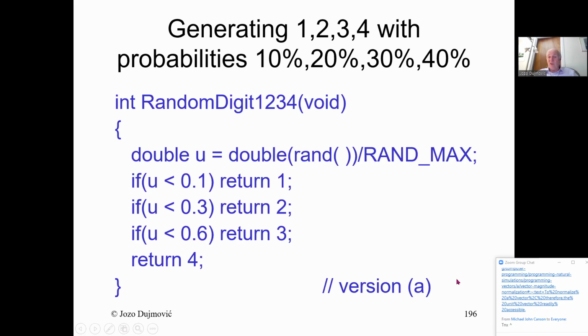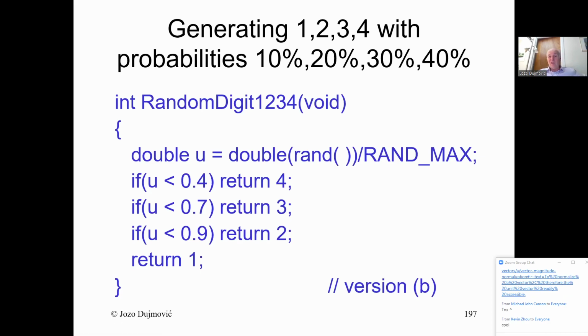However, this is version A. I can write version B of that program, and this is this one here. I have this u that is between 0 and 1. In 40% of cases, u is going to be less than 0.4, therefore I'm going to return 4.